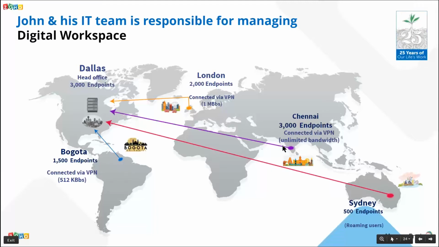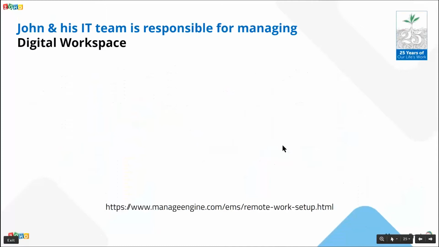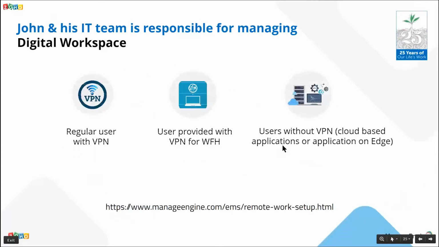In this case, there will be three types of users mainly. One, the regular VPN users who will usually be connected to the corporate network via VPN, or who usually work from office. We also have other users who just started working from home due to this pandemic situation.